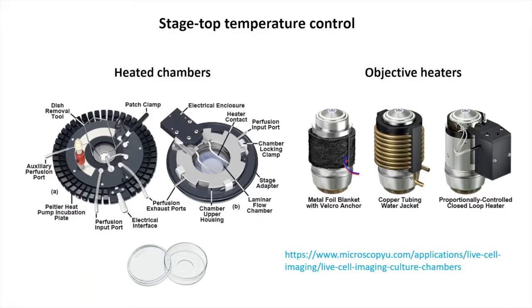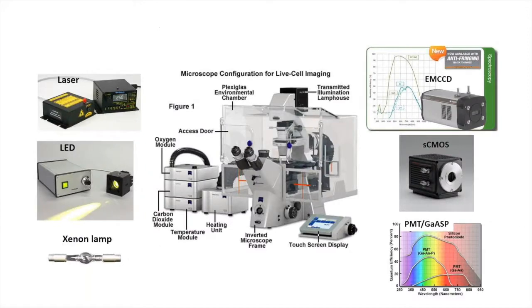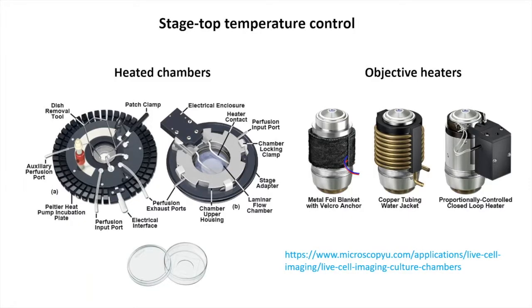Also important, if you're on a budget and don't want to use this full-blown system, there are some stage top choices that you could use to maintain temperature and perhaps humidity. There are a number of Peltier-based heating chambers that are compatible with, say, 35mm microscope dishes, where you can control the temperature, and there's a way to control humidity as well.